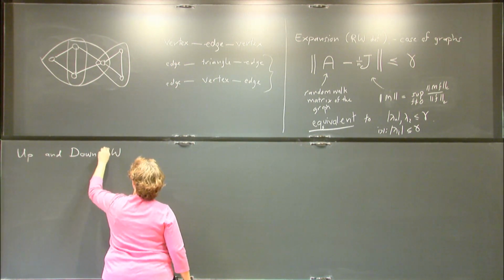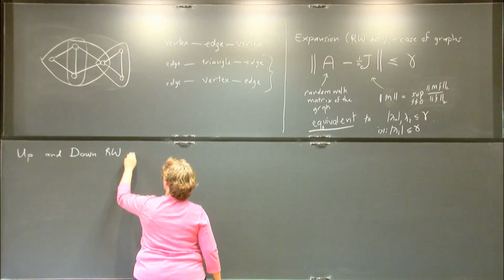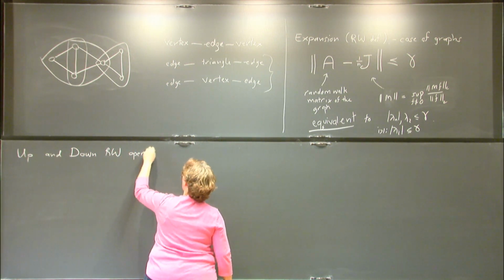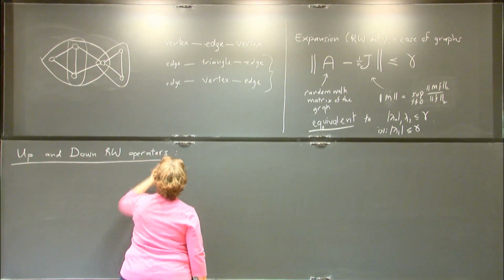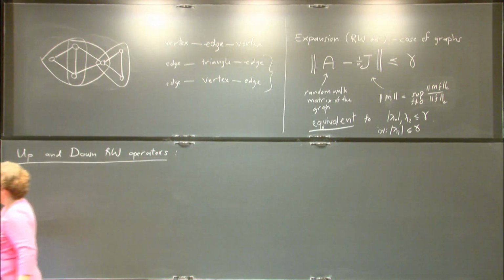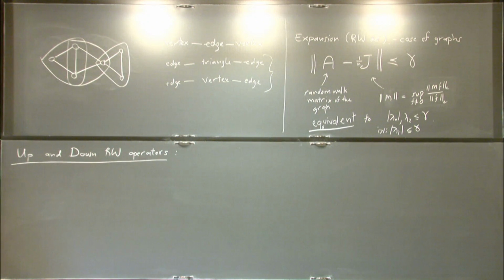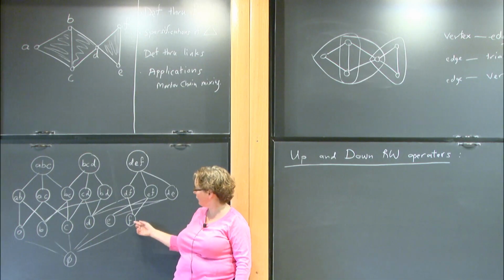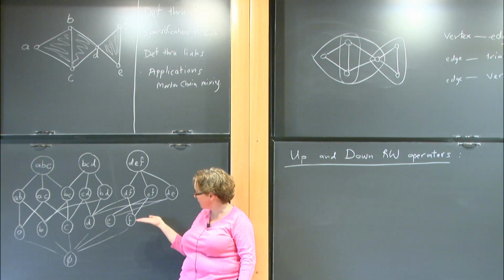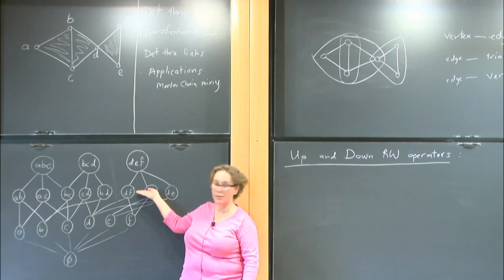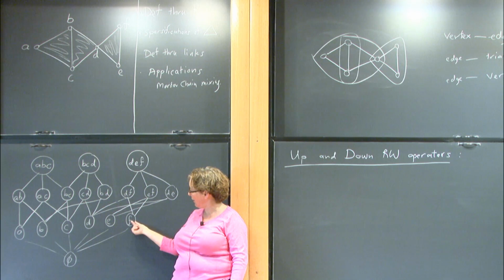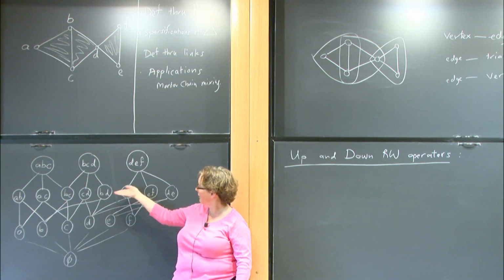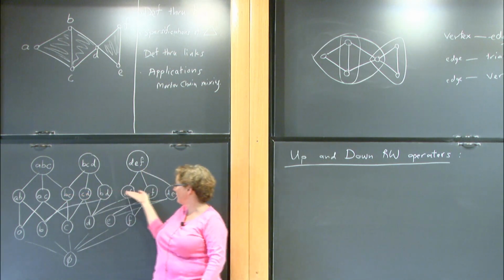Now I want to define the up and down random walk operators. We defined, maybe I just said it in words, what the up operator is. It's the operator that moves me from one layer to the layer above it. If I'm at a vertex, I take a random edge containing it, and I reach this layer.